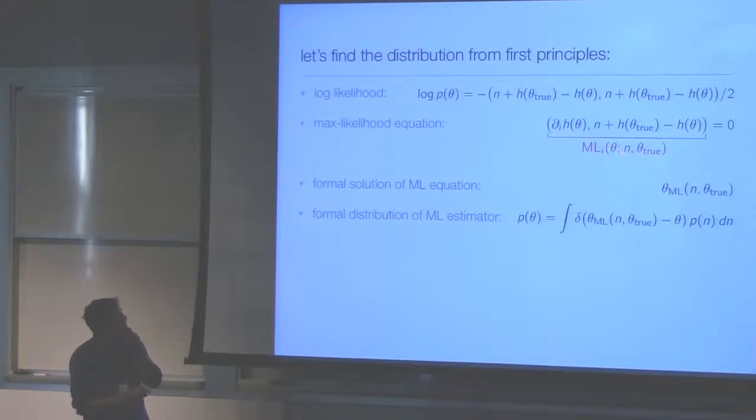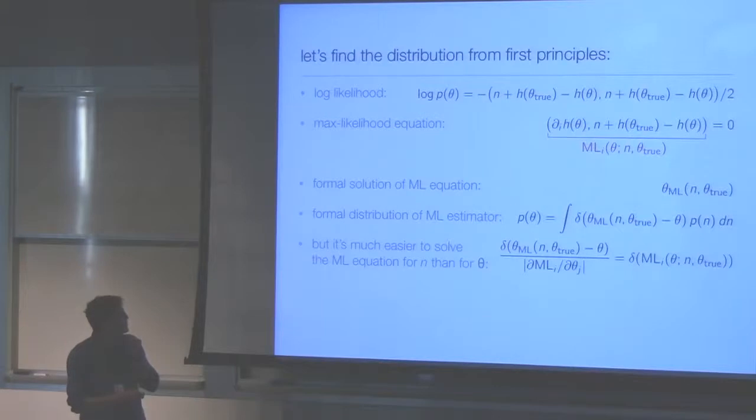This is a complicated function of the parameters if the waveform is a complicated function of the parameters. However, this is a pretty simple function of the noise. It's a linear function of the noise, which means that if I know what maximum likelihood I want, it's easy to find all the noises that give me that maximum likelihood estimator.